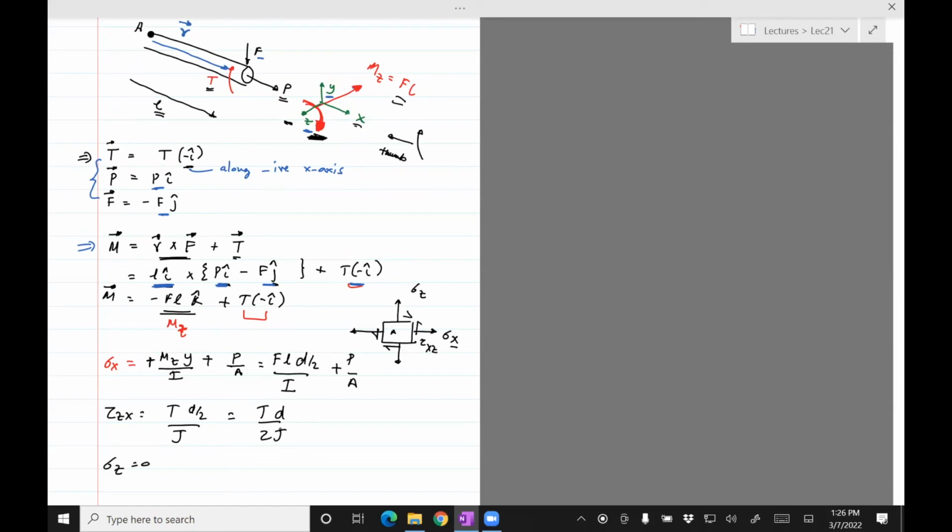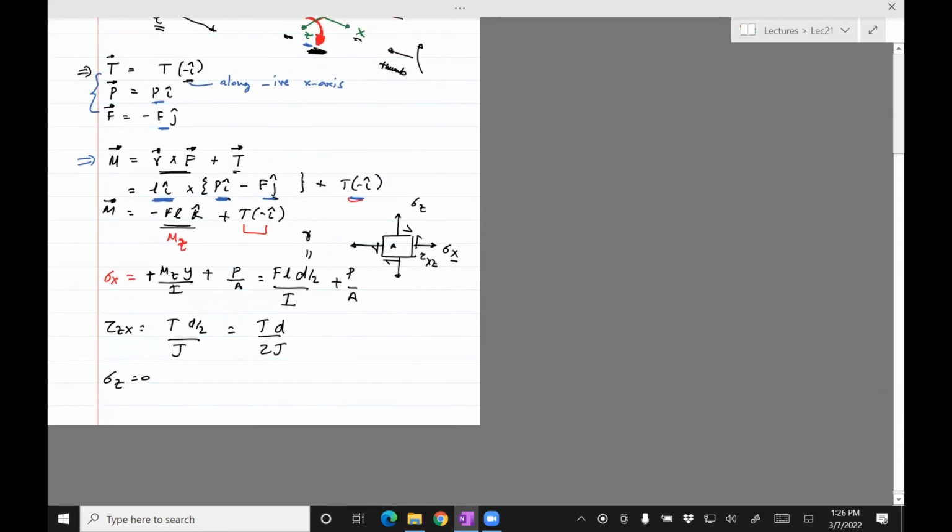Oh, my bad. Yeah, D over 2, that's the radius. Right, so if you have a circle, this is the neutral axis. That's R. So that will be D divided by 2. Let me copy these equations.